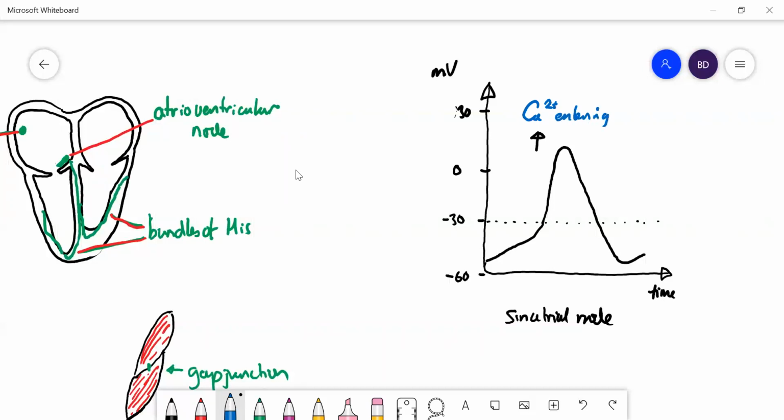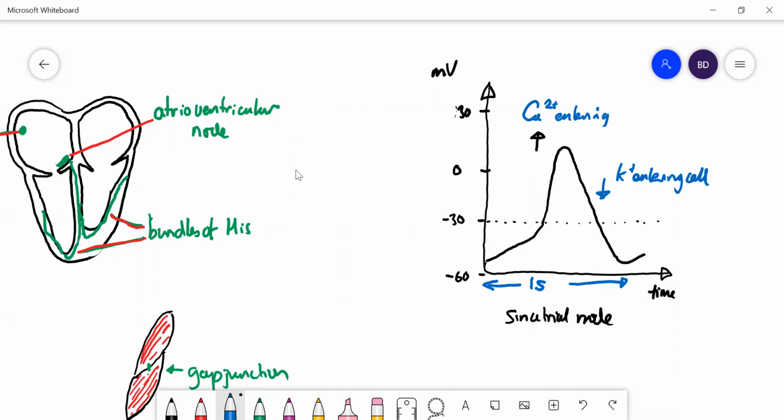And on the descending phase, well, that is the same as the nerve cells. That's caused by potassium entering the cell. The action potential of a nerve cell is very quick, about 5 milliseconds. Of course, this is a bit slow, because this is going to be probably about 1 second for that to happen, because you need 70 of those firings per minute, so just under 1 second.